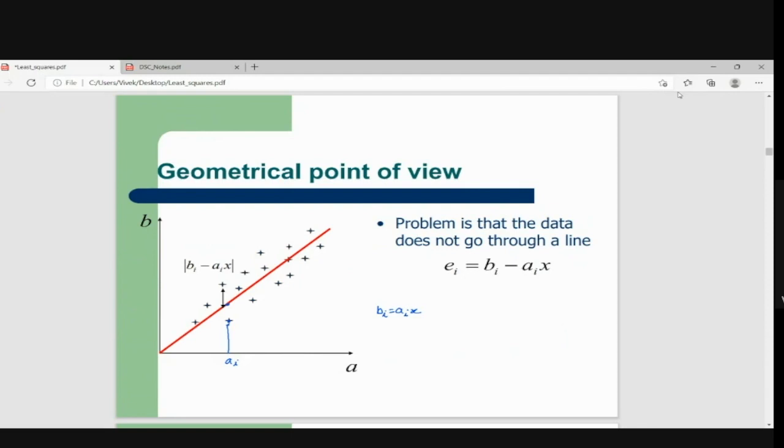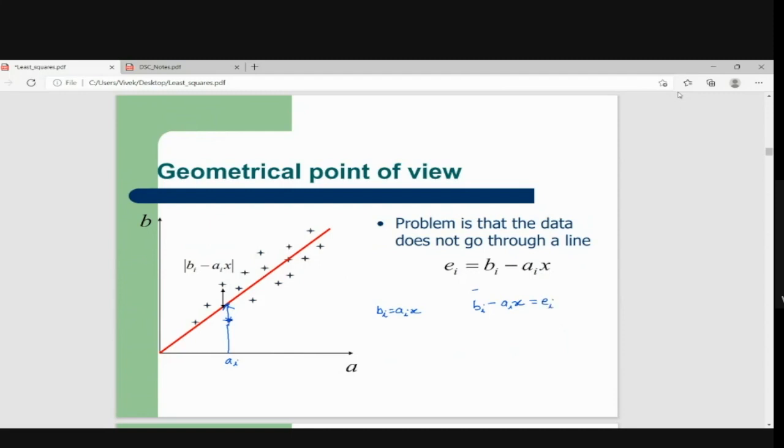So what I'm going to do is find the difference between this value and this value. So this is bi minus ai x, and I call it the error ei.